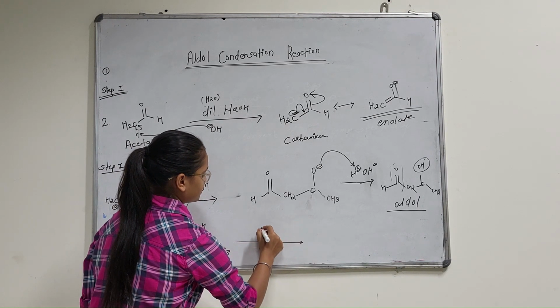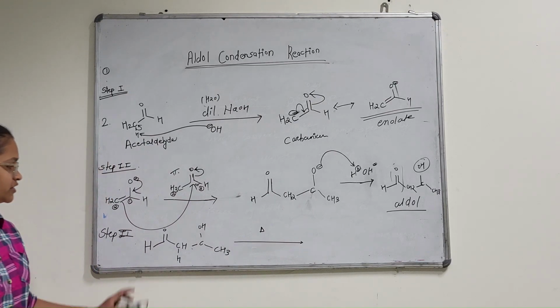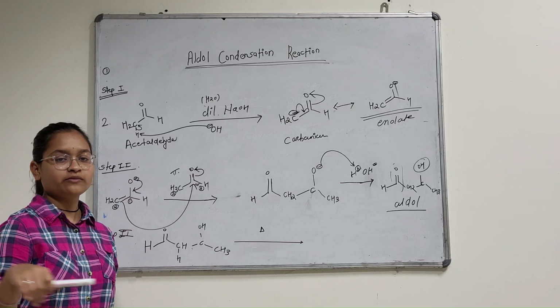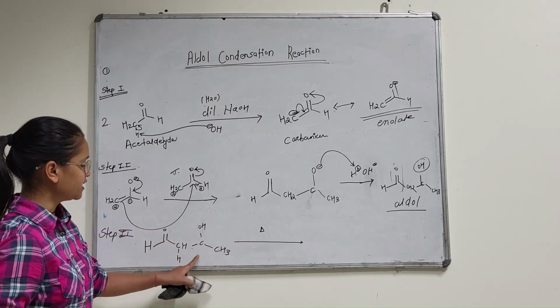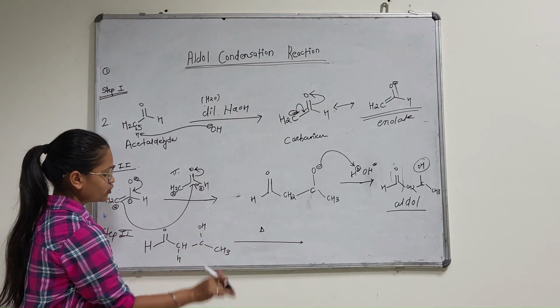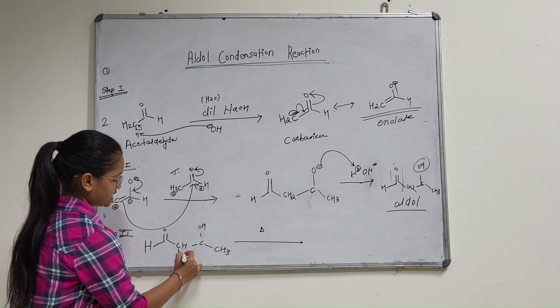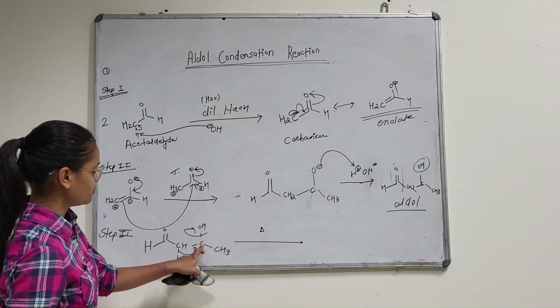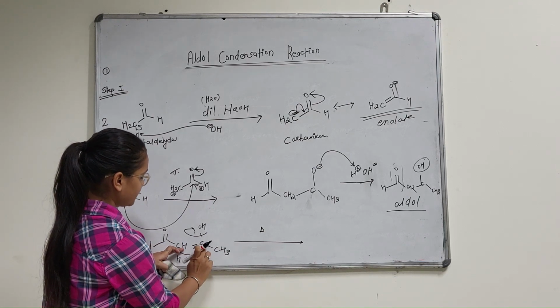Here we apply heat. What is the basic definition of a condensation reaction? Removal of a water molecule by applying heat. Here we apply heat on this molecule. So what happened? Removal of a water molecule. So this hydrogen here and this oxygen will be removed. So there is a double bond formation between the second and third carbon.